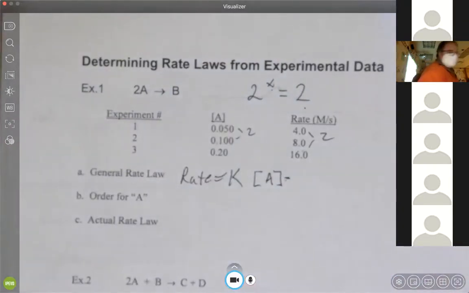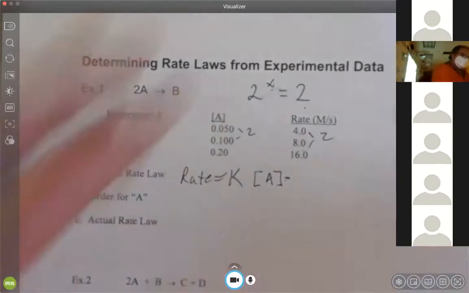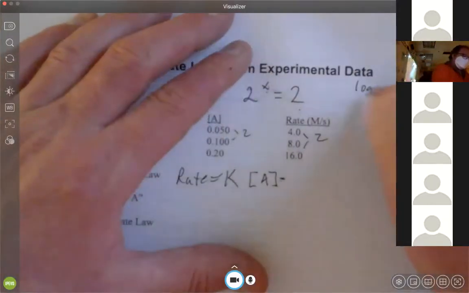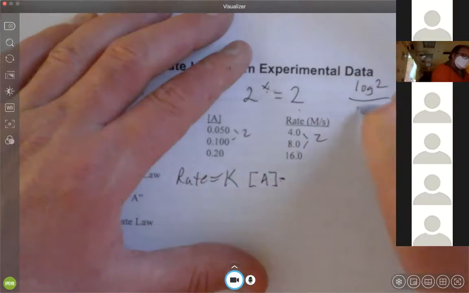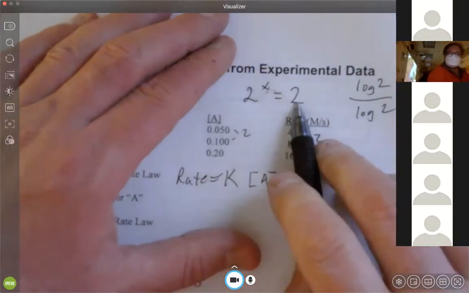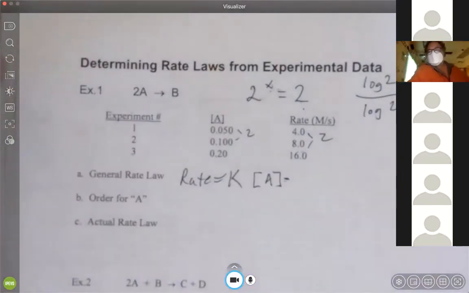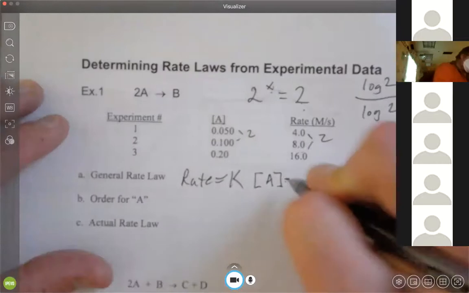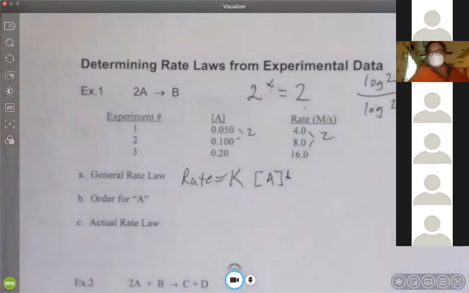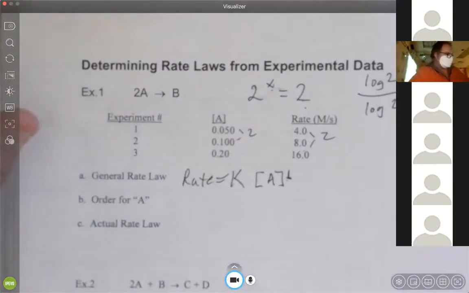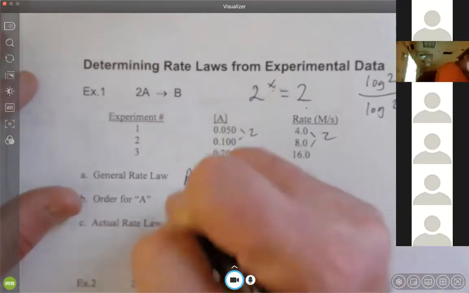Well, you can do log 2 of 2 and then you get x. If we take the log of 2 divided by the log of 2, that can get us x, right? What is log of 2 over log of 2? 1. So the order for this is 1.